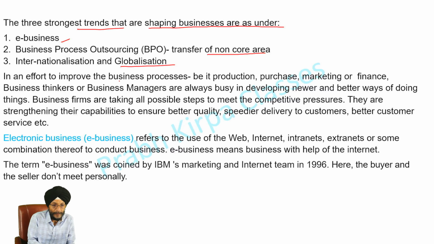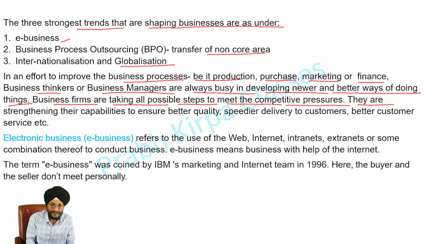In an effort to improve business processes, be it production, purchase, marketing, or finance, business thinkers or business managers are always busy in developing newer and better ways of doing things. Business firms are taking all possible steps to meet the competitive pressures. They are strengthening their capabilities to ensure better quality, speedier delivery to customers, better customer service, etc.